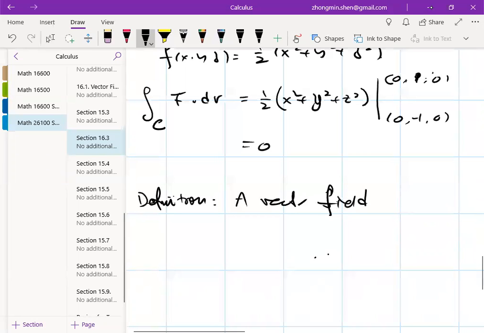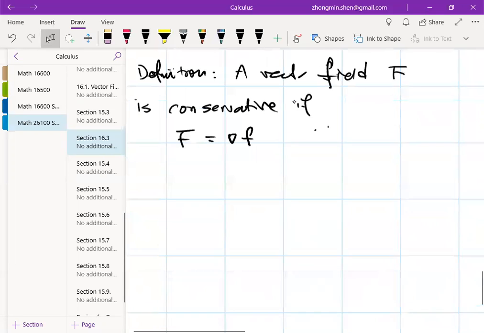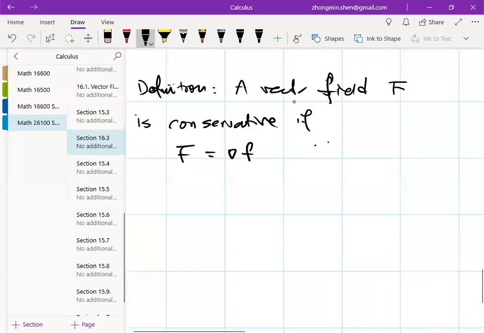A vector field F is said to be conservative if F is the gradient of some function. So if the vector field is a gradient of some function, then we say it's conservative.